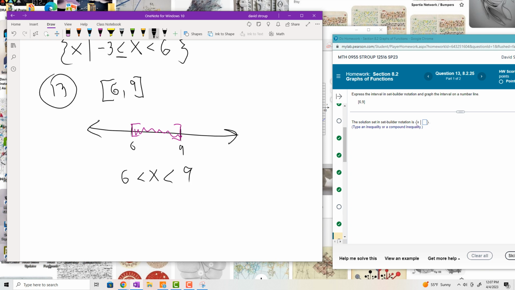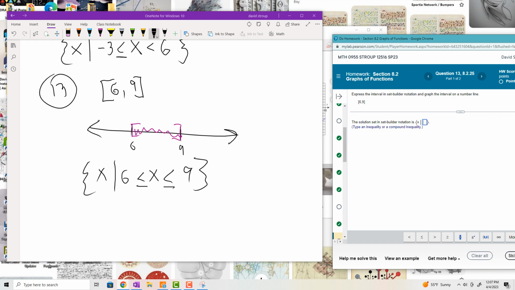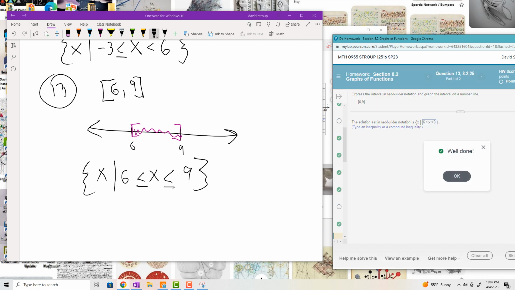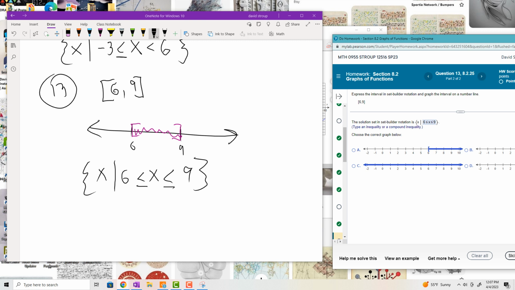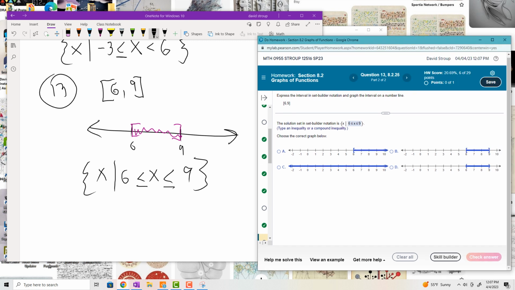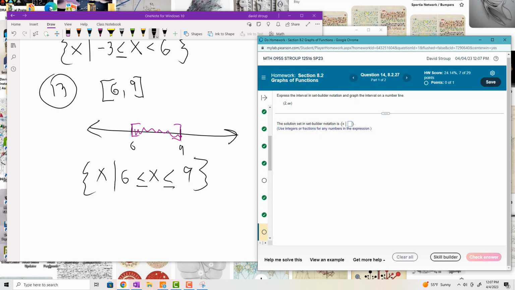Because we're including the endpoints, we use the lines underneath the inequalities. And then for the set builder, we tack on the bar, the x, and then the curly brackets. Okay? So this will be 6 less than or equal to x less than or equal to 9. Okay. And then the graph has to have 2 brackets on it. And we should be good.